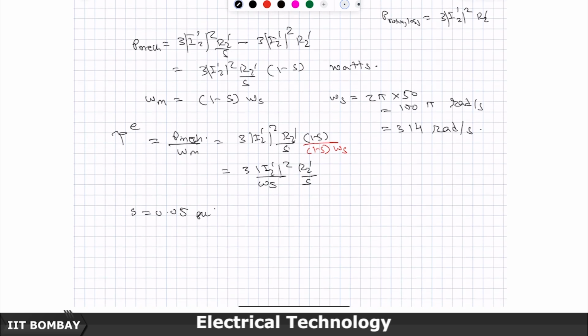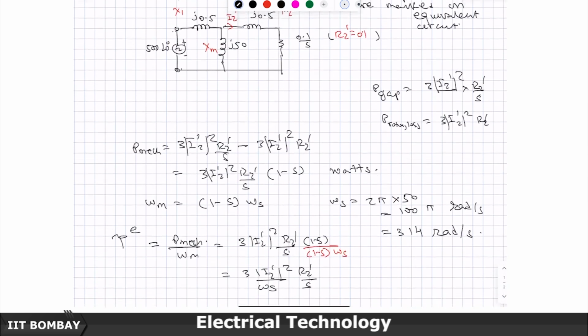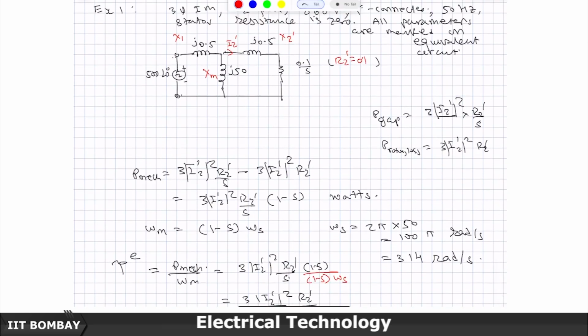So, if I take 0.05, then this will become how much? 0.1 divided by 0.05 will be 10 divided by 5, which will be 2 ohms. This resistance here, R2 dash by S, will be replaced by 2 ohms.